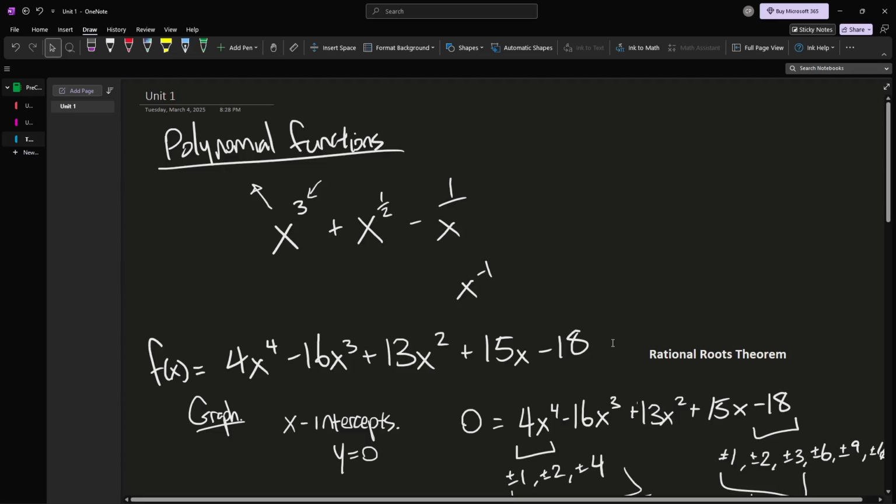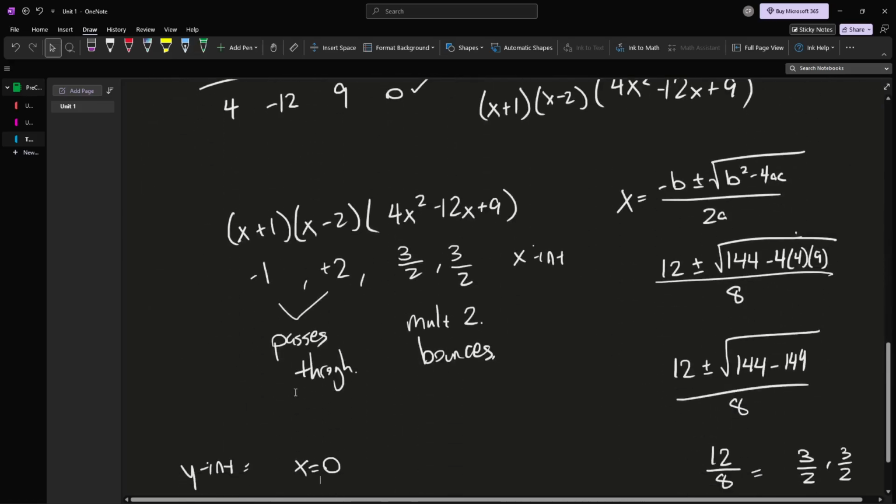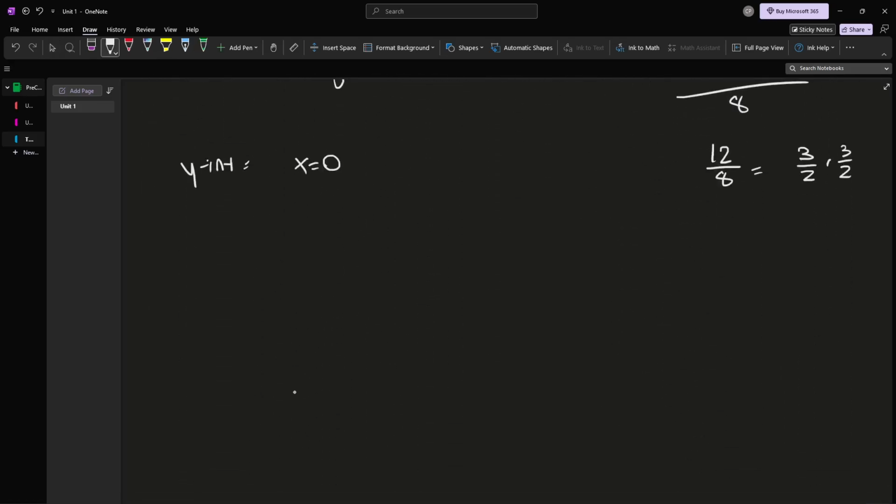And you should get negative 18. Make sure you see that everything has an x except for the constant. So we have negative 18. You have a y-intercept at y equals negative 18.